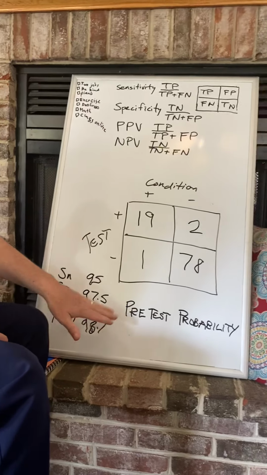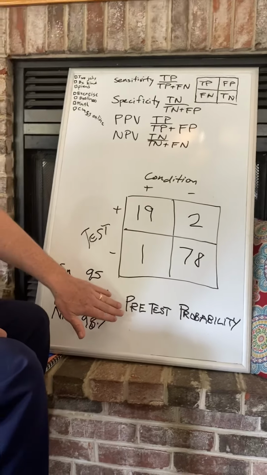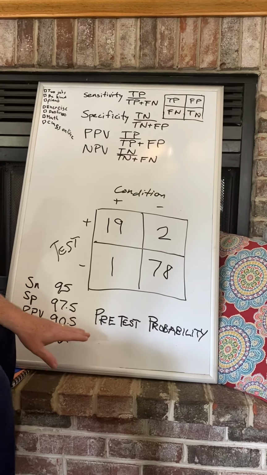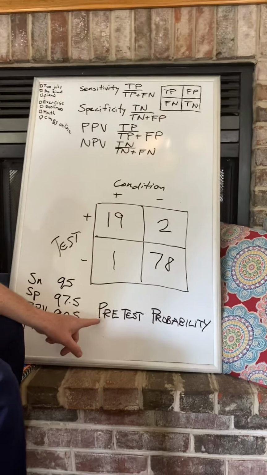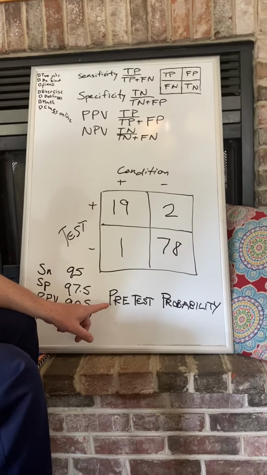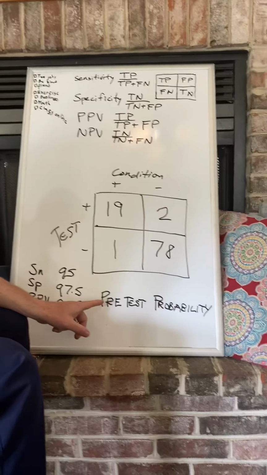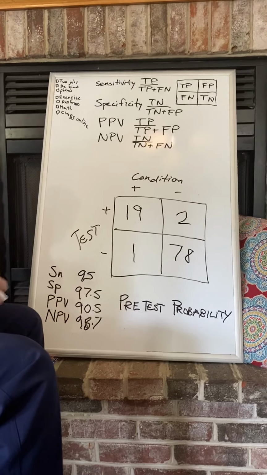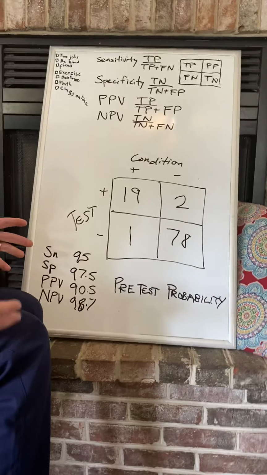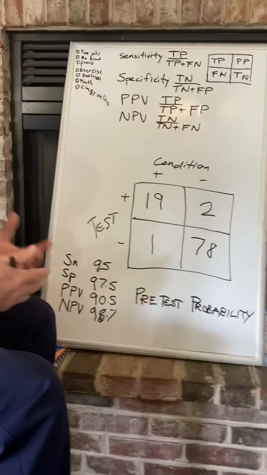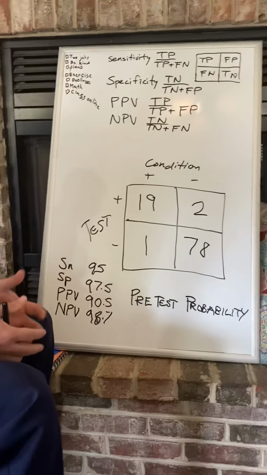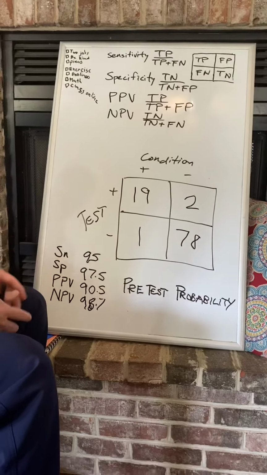We're going to show that in our next little video with some mathematical numbers so you can see that. But this is a big reason why it's not a smart idea to get a large panel of tests, because if you do those on everybody, the prevalence of that condition becomes so low that the accuracy of your test is quite poor.